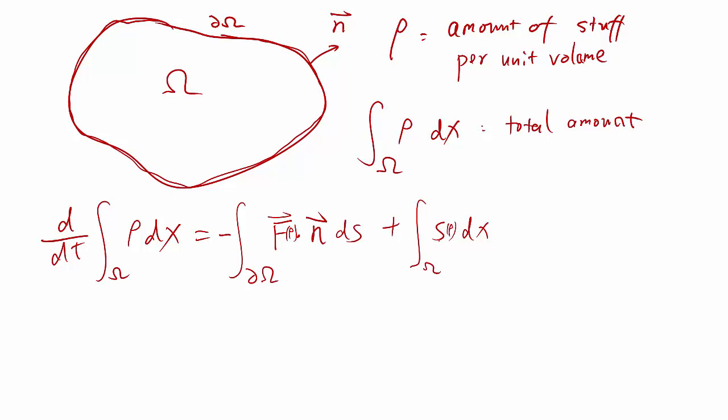And the unknown is going to be just rho. In scalar conservation law, which we're going to study today, rho is a scalar function of space and time. In the system of conservation laws, the rho can be multiple functions of space and time.